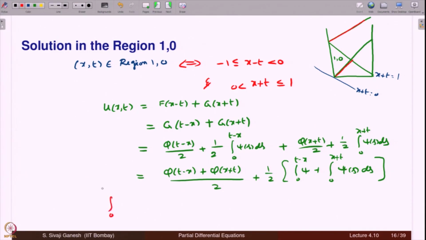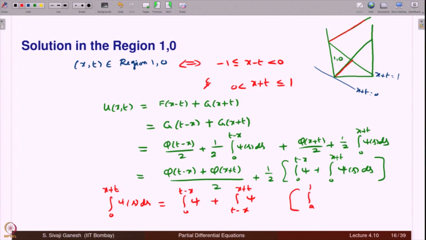So, let us look at these integrals that we have. 0 to x plus t psi s ds, 0 to t minus x psi plus t minus x to x plus t psi. We can always write this. What I am using here is something from calculus.